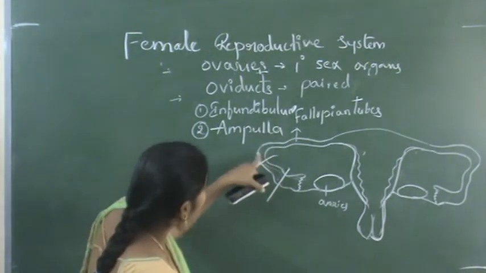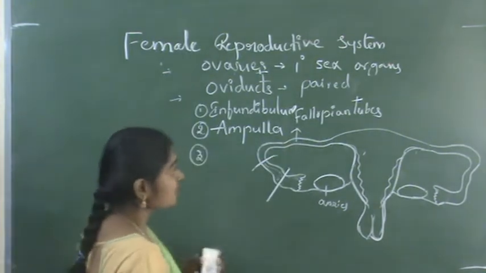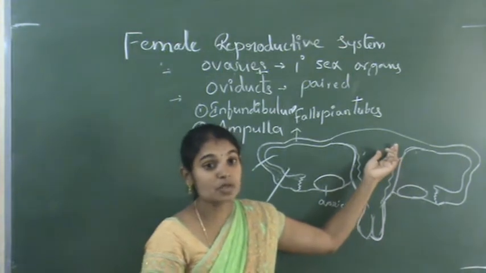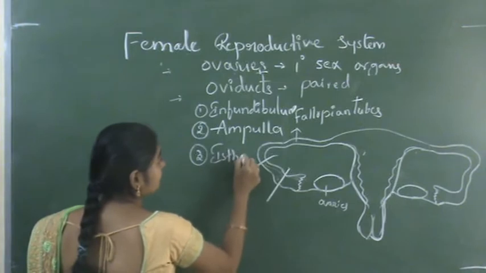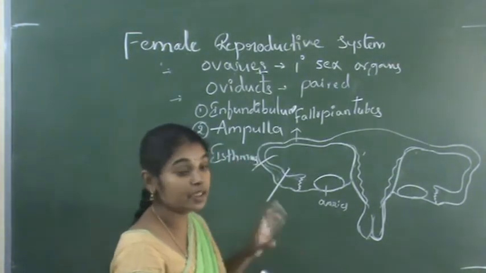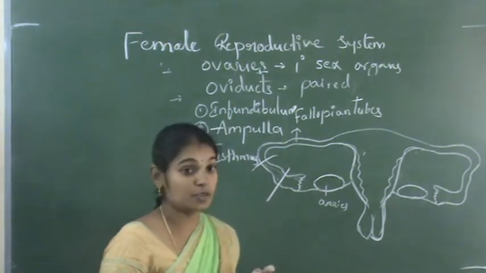And the third part, which is attached to the uterus, the uterine part, is known as isthmus. So these are the three structures which the fallopian tubes contain.